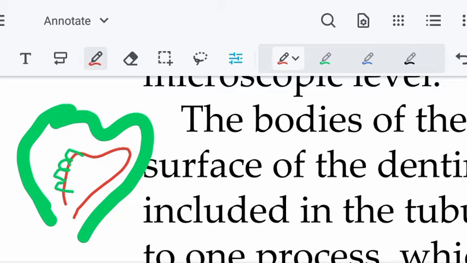Here this is the pulpal surface of dentin. This is the central portion, the pulpal portion, and the periphery. This is the periphery, this is the central, and this is the pulpal area.